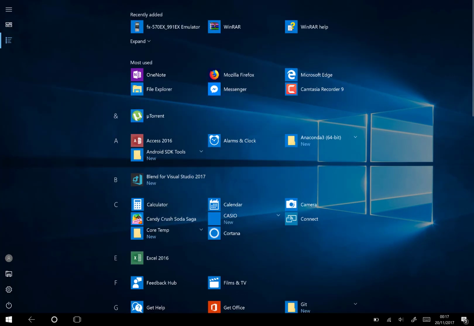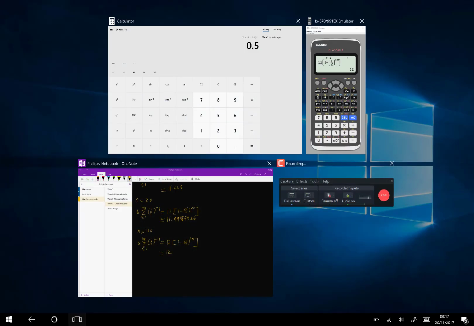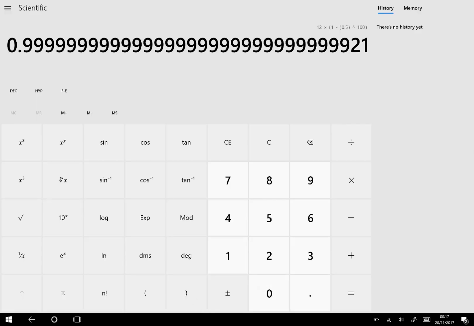It's hard to type on it, but we've got 12 times by 1 minus, and then bracket again, 0.5, bracket, and then we want to put it to the... what was n? Was it 100, 200? 100, close bracket.